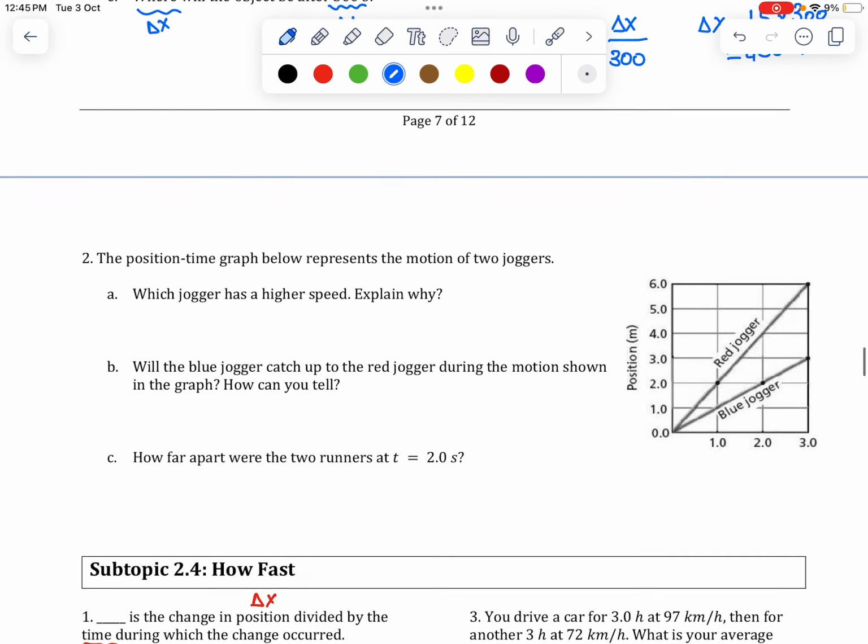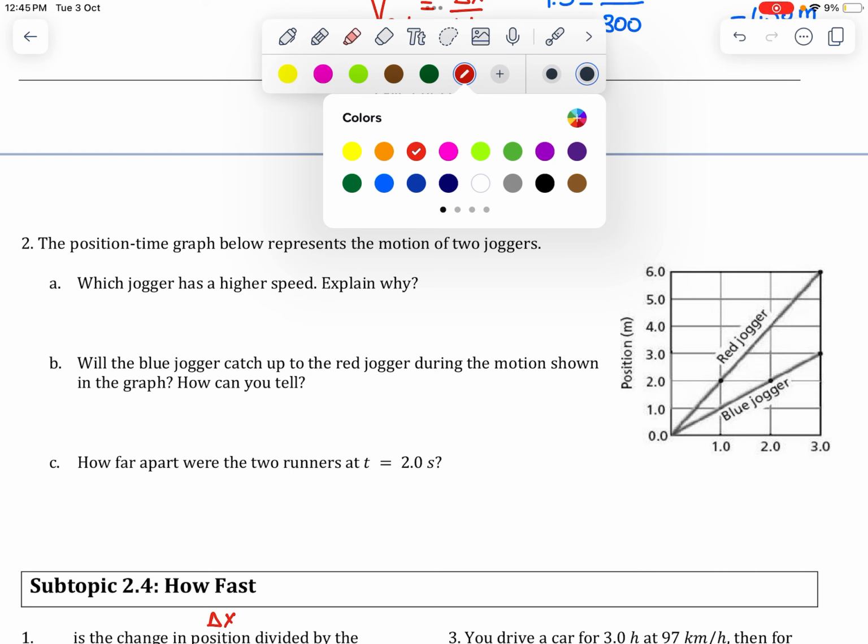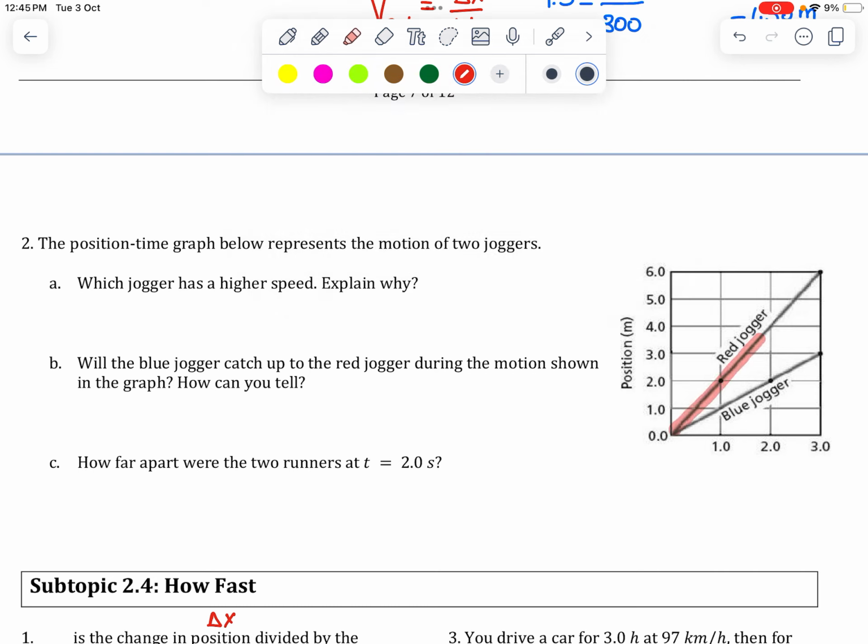Question number 2. Here we have the position time graph below representing the motion of 2 joggers. Let's say here we have the red jogger and the blue jogger. Which jogger has a higher speed?